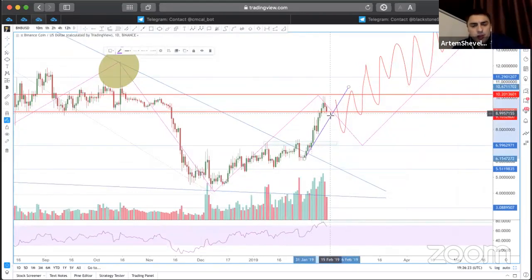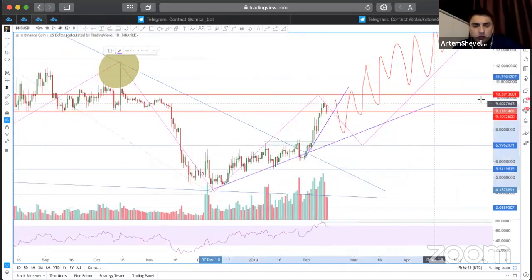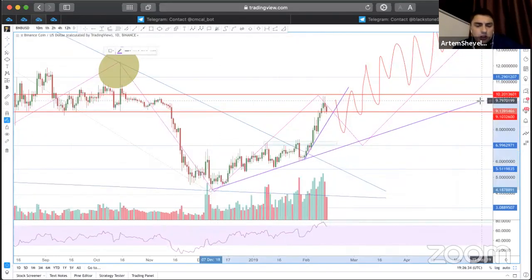So we need to break this trend line, and probably going to touch the previous trend. See, the previous trend was a good trend, with 1, 2, 3, and 4 touches of price.